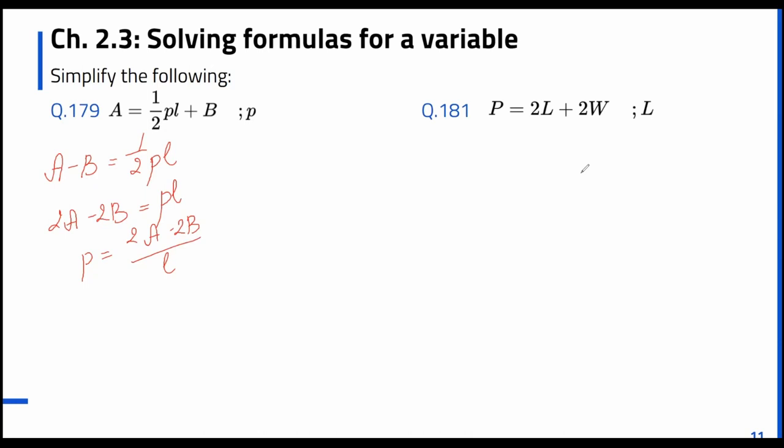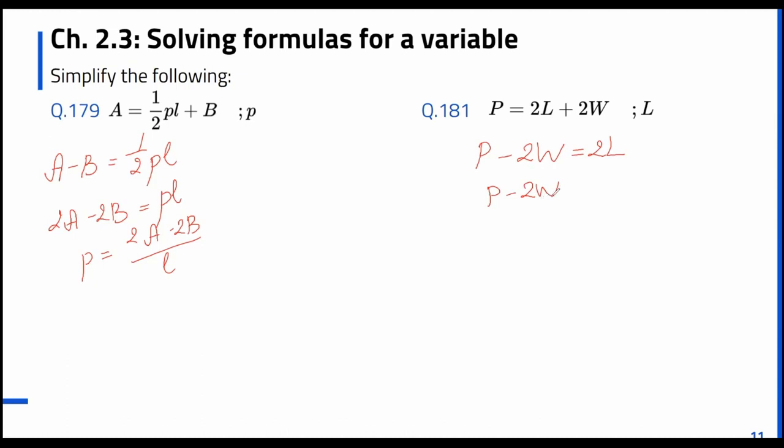Yes, share, please. So first step, P minus 2W is equal to 2L. And after, P minus W over what? Over L. Oh, sorry, 1 minute.